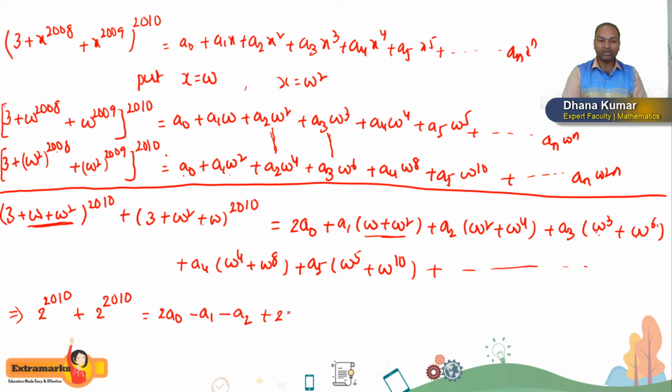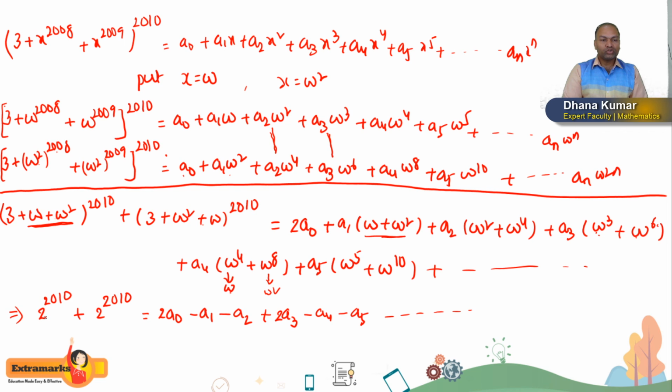So 2a3. Then next, this part, omega power 4 means omega. Omega power 8 can be written as omega power 4 whole square. That is omega square. But omega plus omega square minus 1. So minus a4. Same way this value minus a5 and so on.